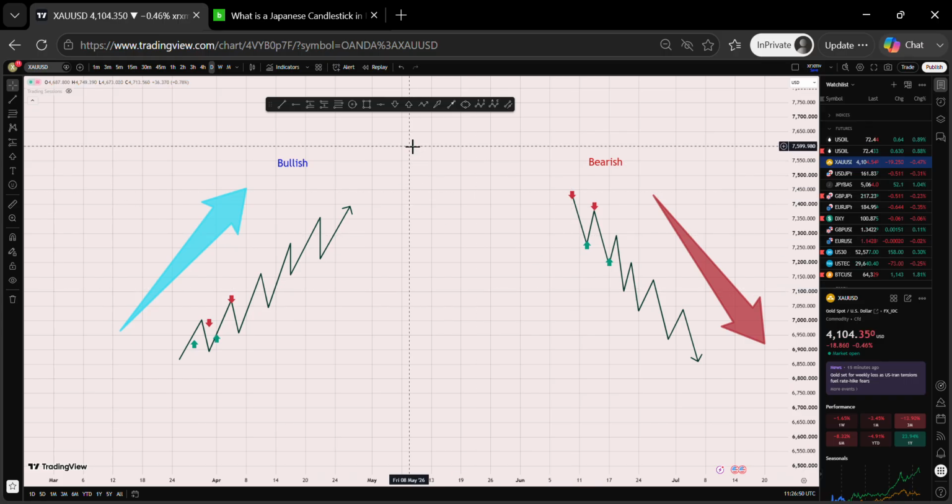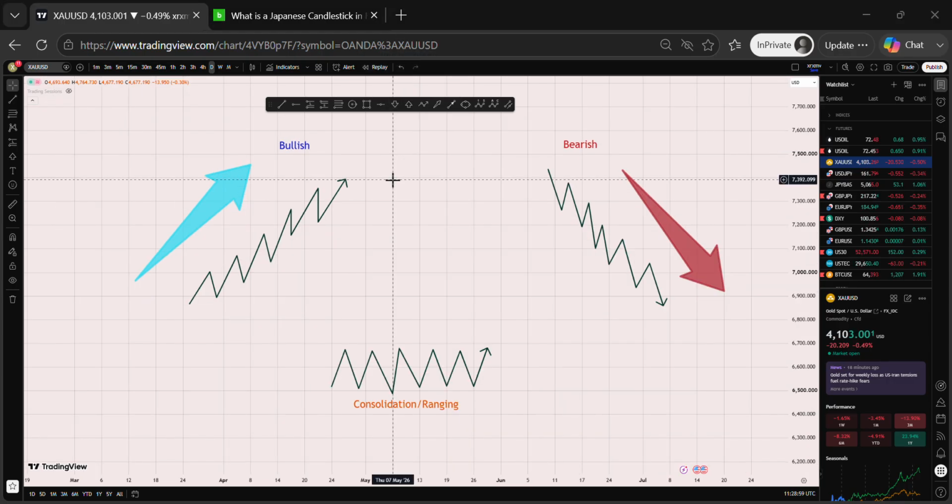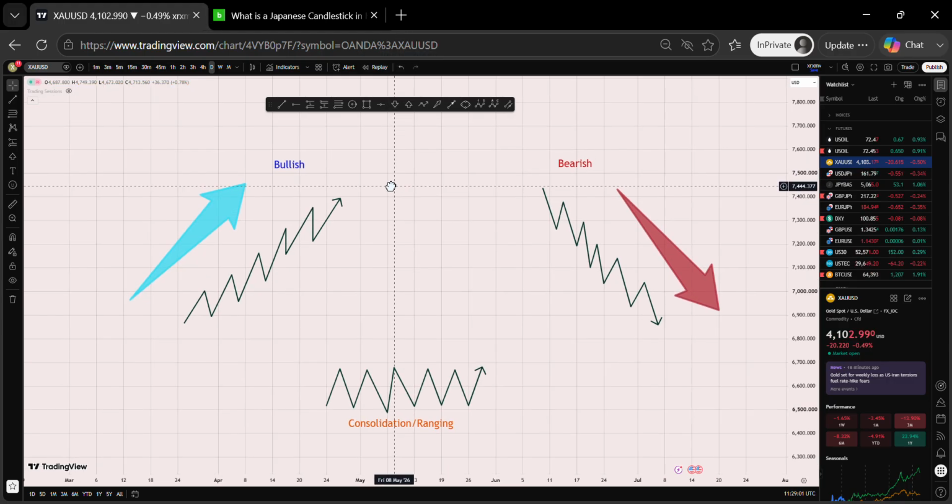Okay, it's important to state that at every point in time, the market is moving in one of three directions. These directions are upwards, downwards, or ranging.